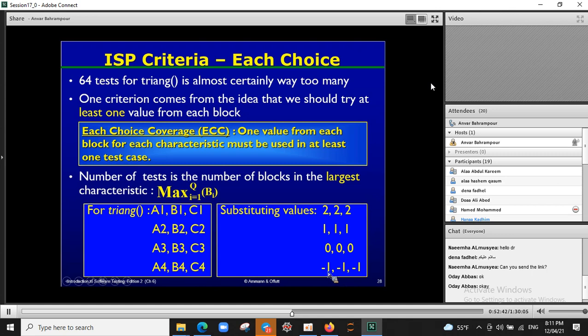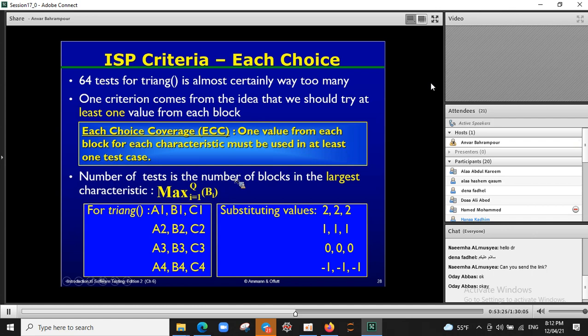And in the fourth blocks, we have defined all negative numbers, so the boundary value in this block is -1. So we defined an invalid triangle with -1 for all 3 sides. These 4 test cases cover each choice coverage.